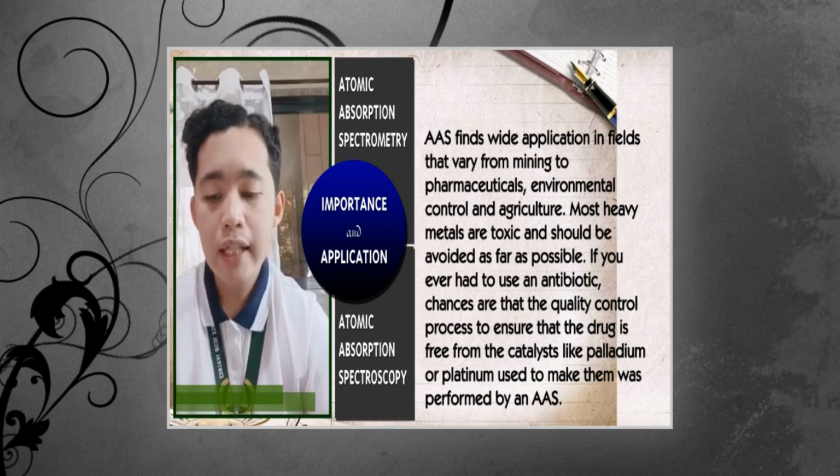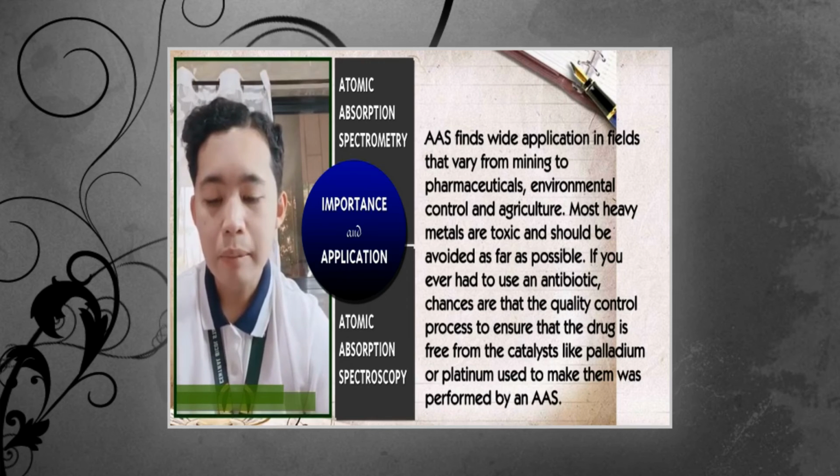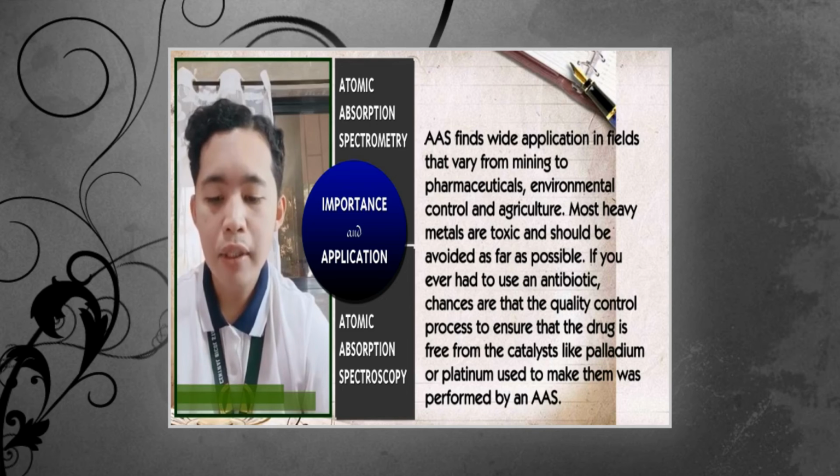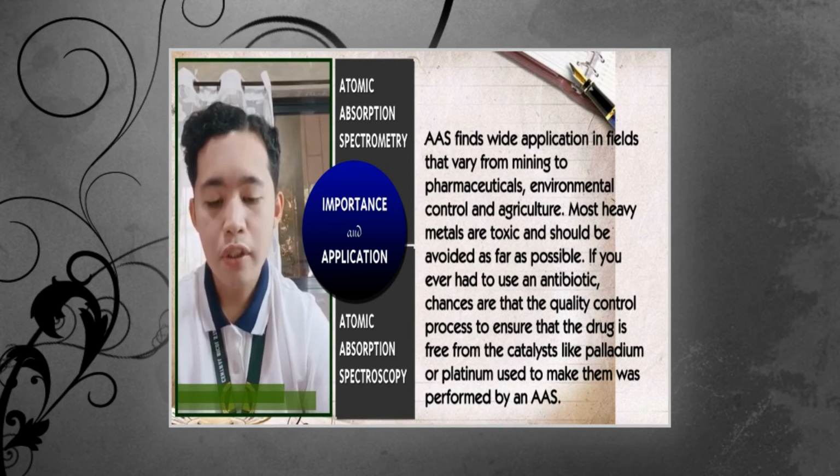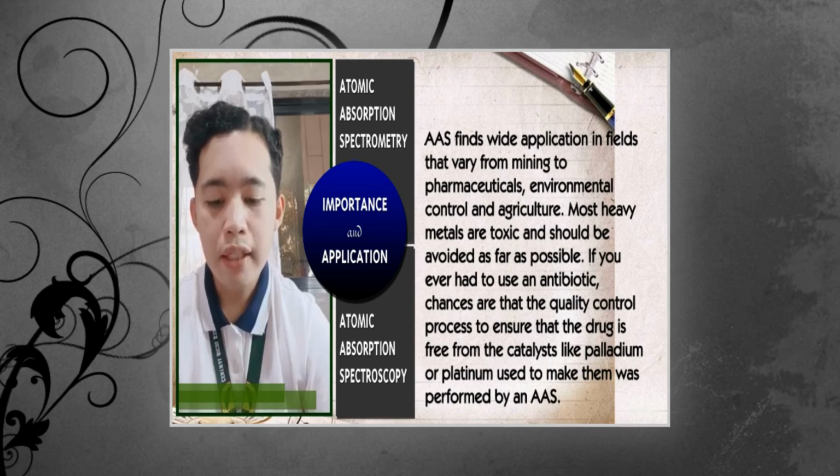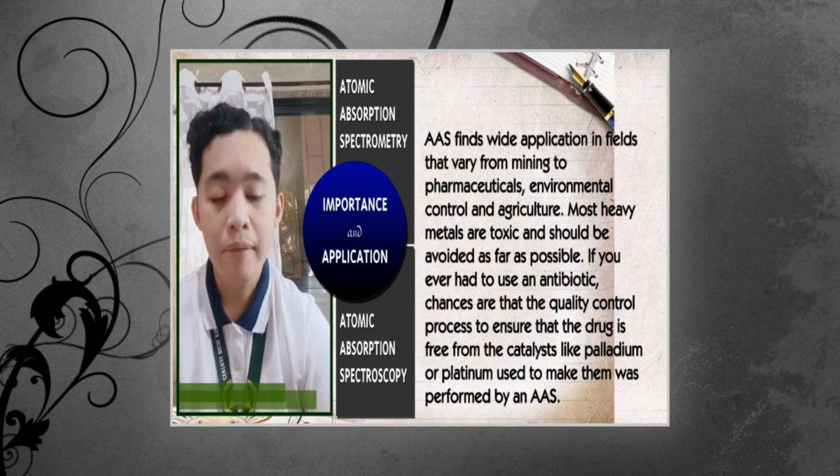Most heavy metals are toxic and should be avoided as far as possible. If you ever had to use an antibiotic, chances are that the quality control process to ensure that the drug is free from the catalyst, like palladium or platinum, used to make them was performed by an AAS.